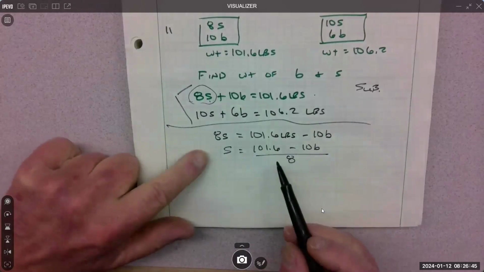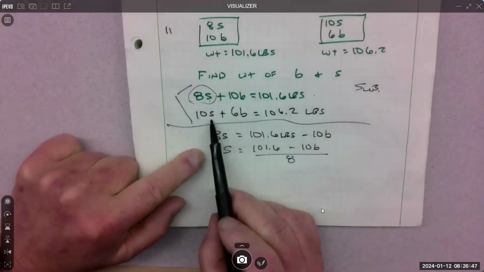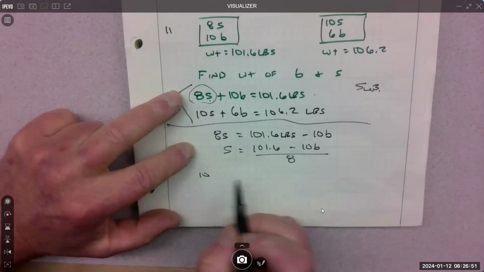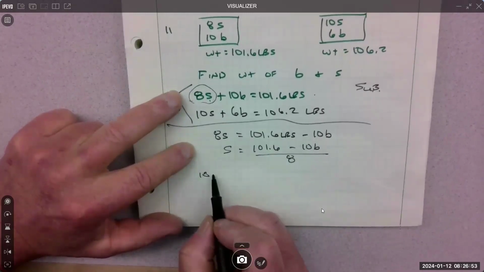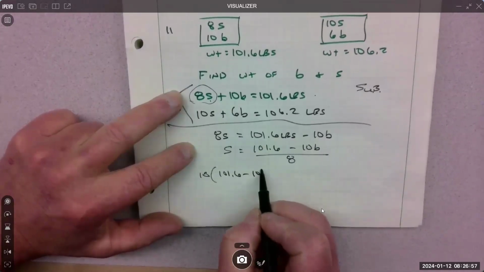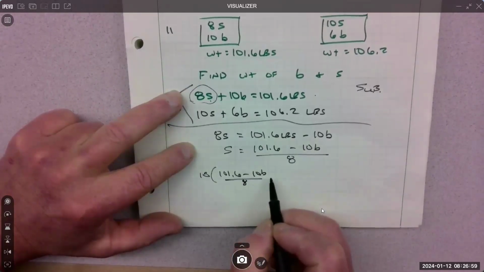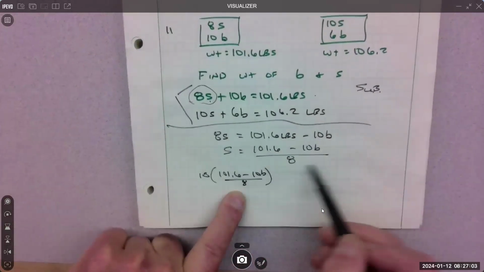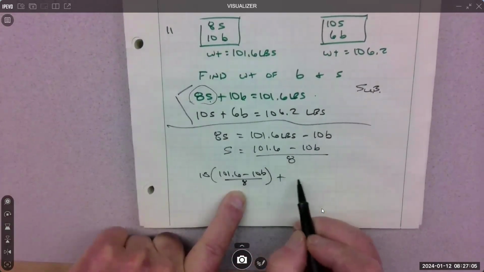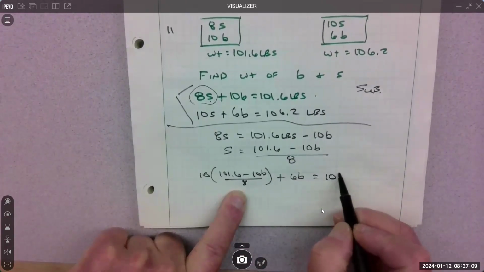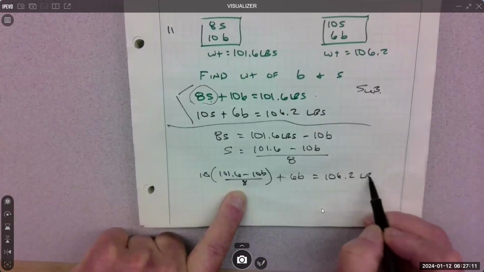Now what do we do with this S? Plug it into there, right? So we end up with 10 times 101.6 minus 10B over 8, right? Because that's my S. 10S, that's S, plus 6B equals 106.2 pounds.